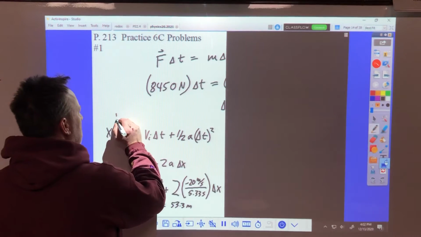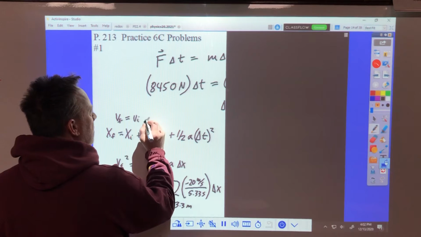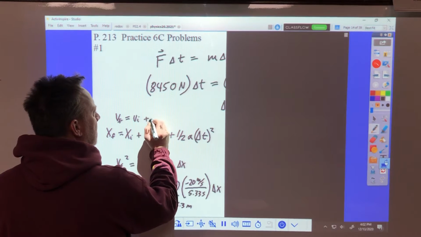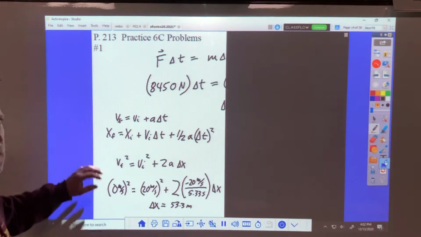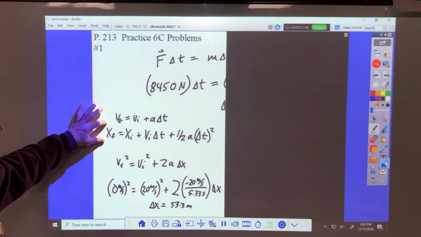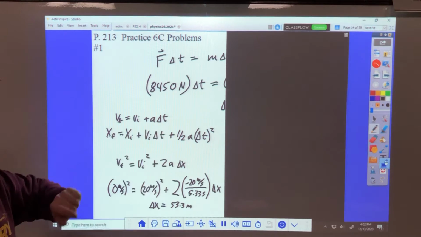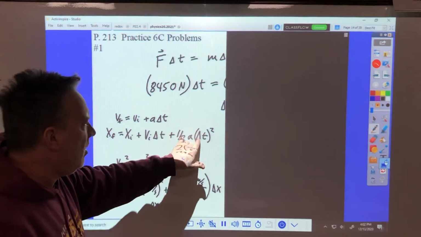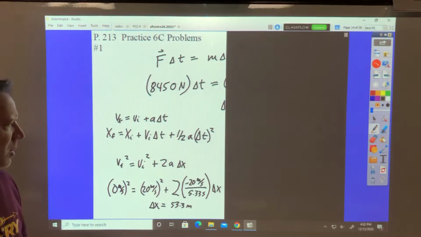But V final is equal to V initial plus A delta T. So this isn't a good way to do it. But if you put your two velocities in there, you have A and delta T you've got to look for. And then this equation, you don't have A and delta T. But at least you have two equations with the same two unknowns and you can substitute.